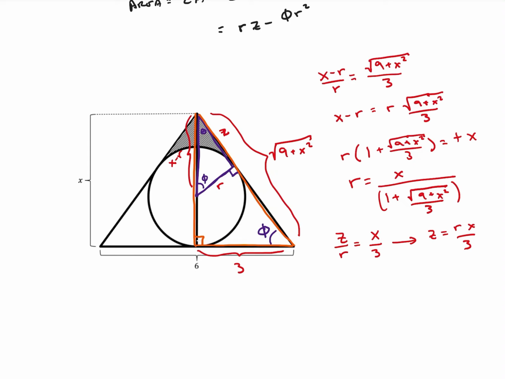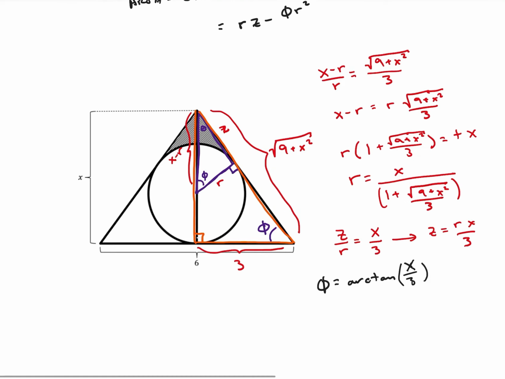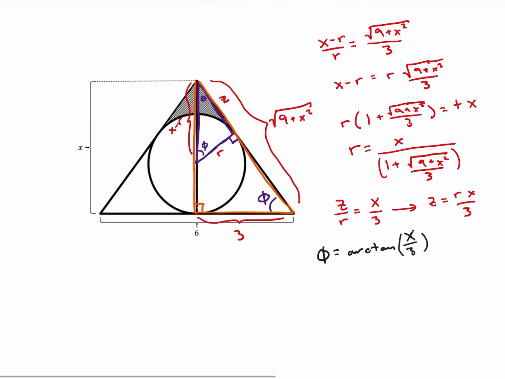So to get that expression, I can just take phi as the arctangent of x over 3. Okay, so I'm taking the opposite side over the adjacent side. All right, so now I have everything I need for my solution.